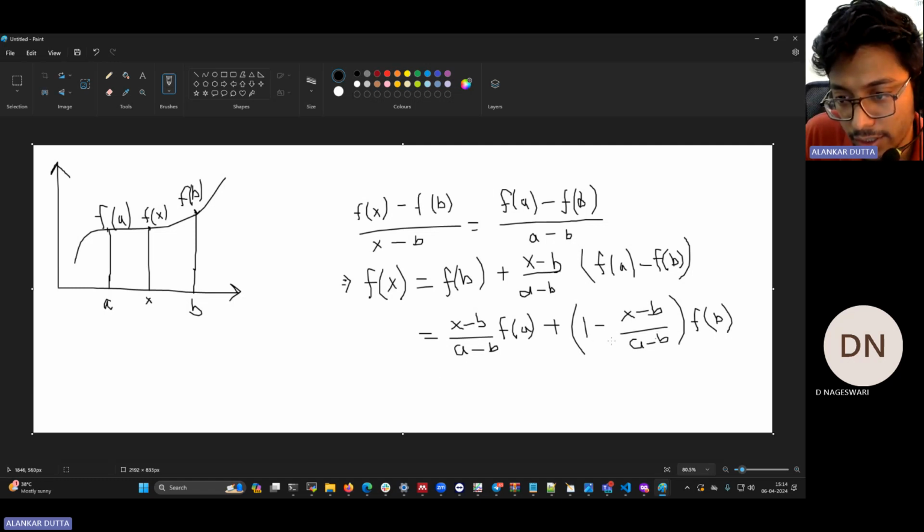So all I'm doing is collecting terms of similar type. And now we will take the lowest common multiple in here and just collect the terms together. This term with f(a) will remain the same.